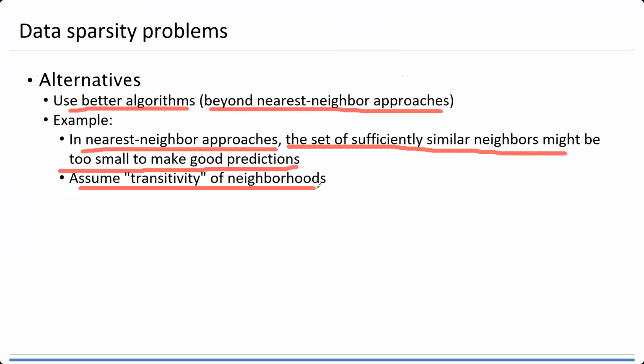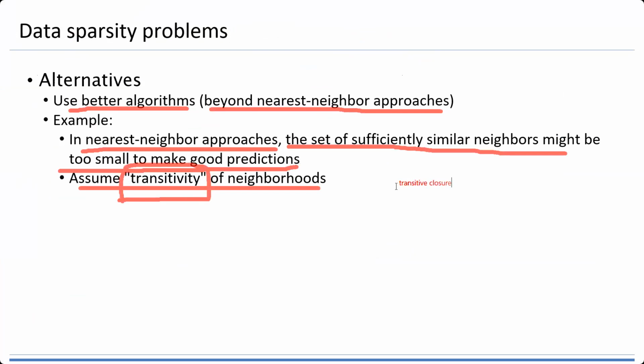We can assume the transitivity. In data structures, we also learned about this; in a graph, we call it the transitive closure.